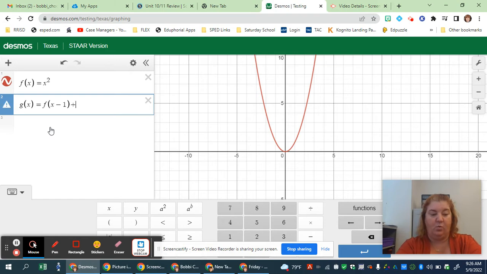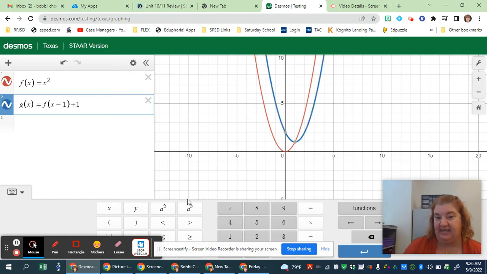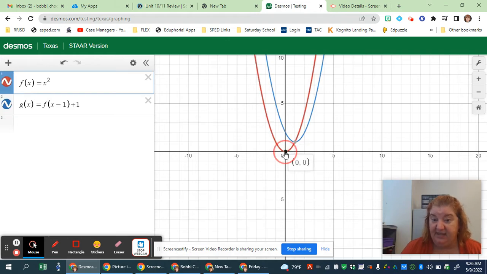Okay, so I can see right here that I went up 1. So I shifted up 1 and over 1, because you're defining it from right here. How did the vertex go from here to here? That tells me I shifted up 1 and to the right 1.